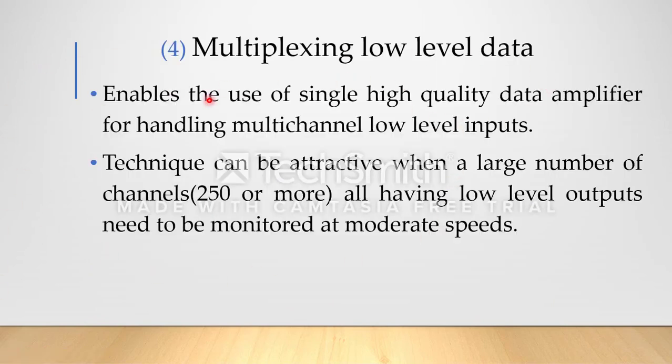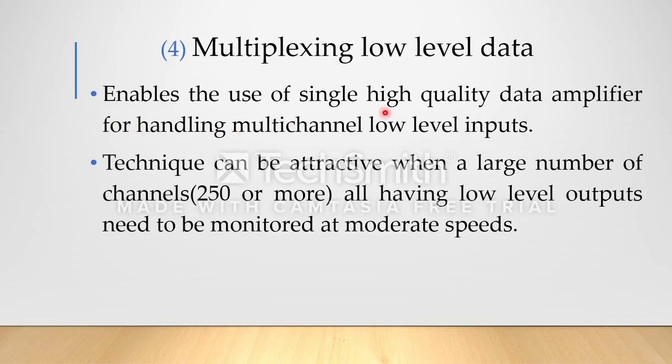Next, multiplexing low level. Now if we are using a low level signal and we are not very much bothered about the output being very precise, then we can go for low level multiplexing, where many multi-channel inputs can be used. All the inputs can be taken, and then in the end we can multiplex them and give it to the buffer and so on.